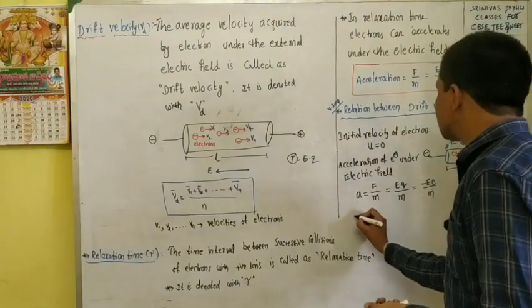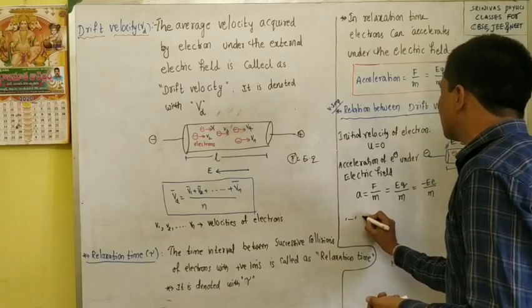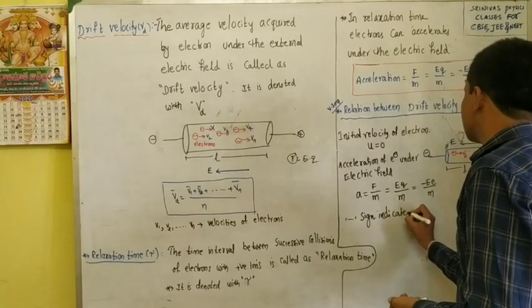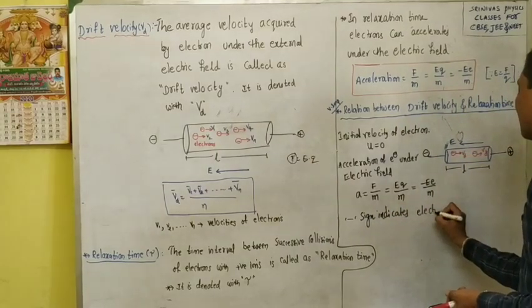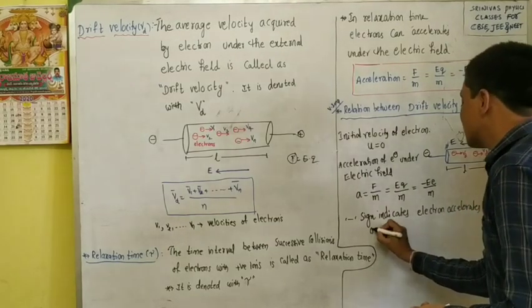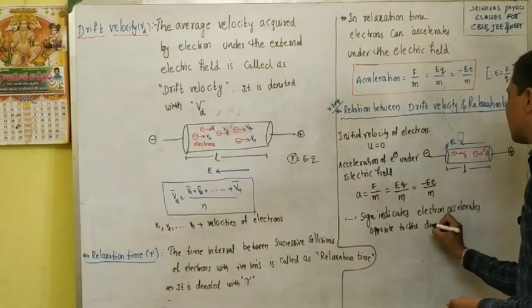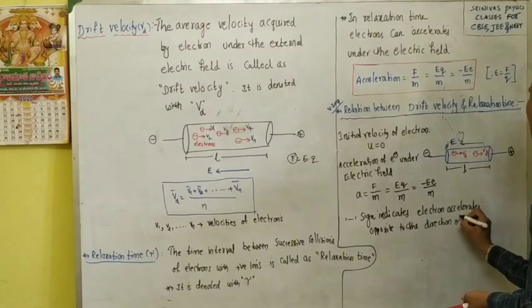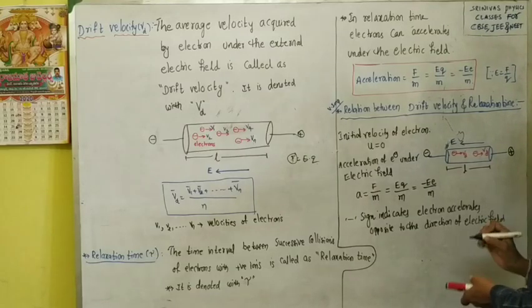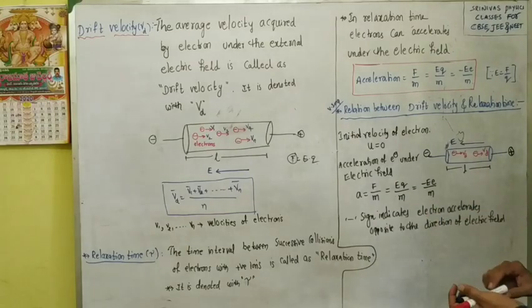The negative sign indicates that the electron accelerates opposite to the direction of the electric field.